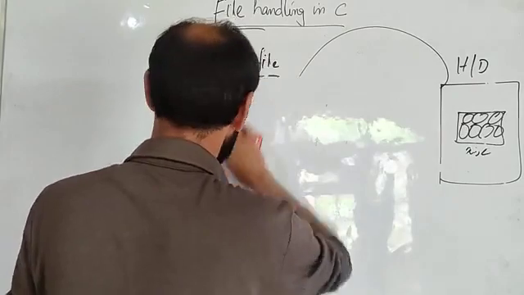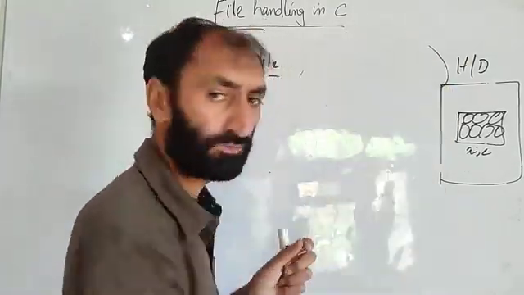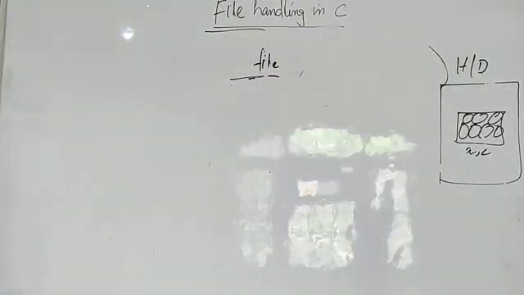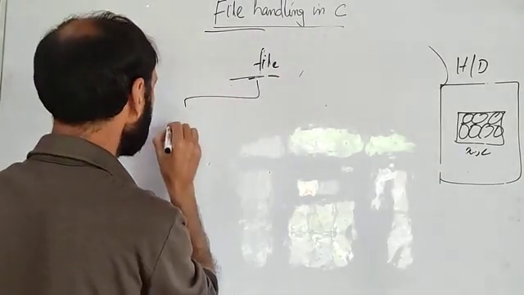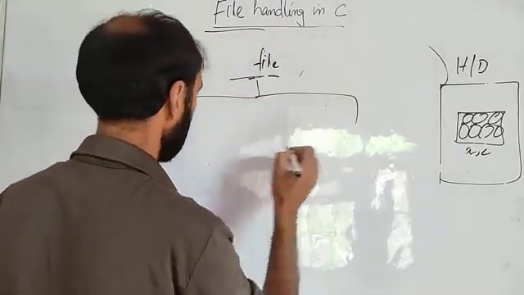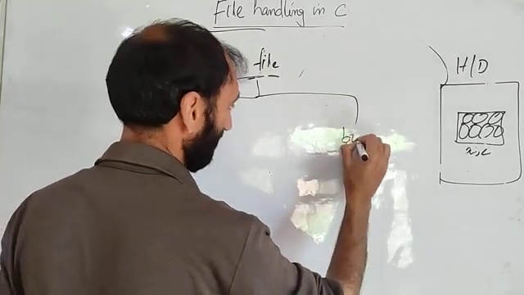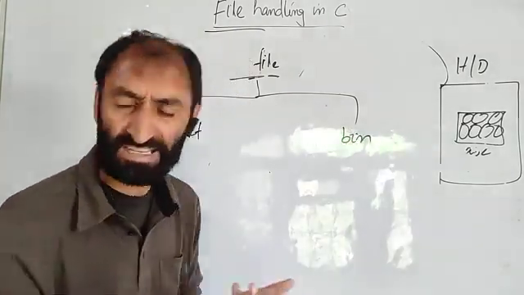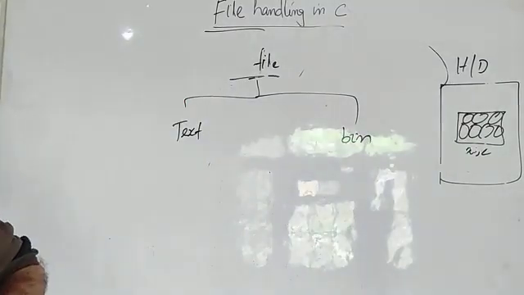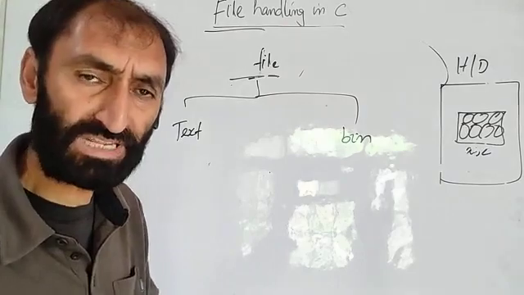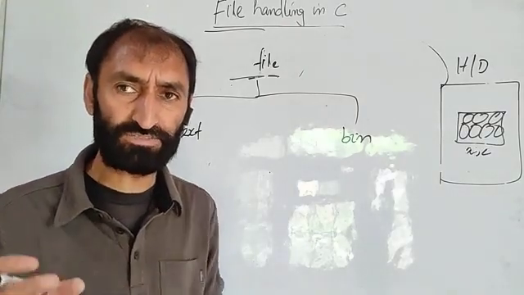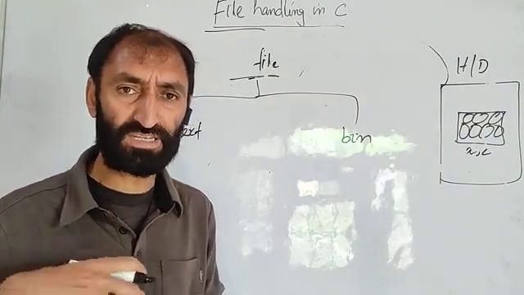Now the files are mainly of two types. First one is the text file, and second one is the bin file. What is a text file actually? A text file contains, for example, alphabets, symbols, we can say characters.